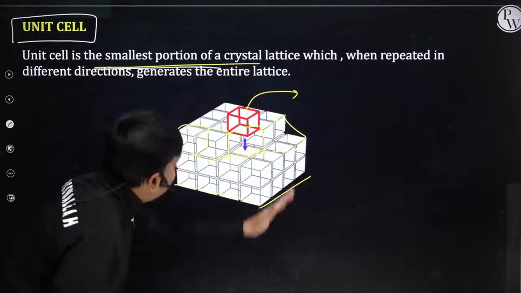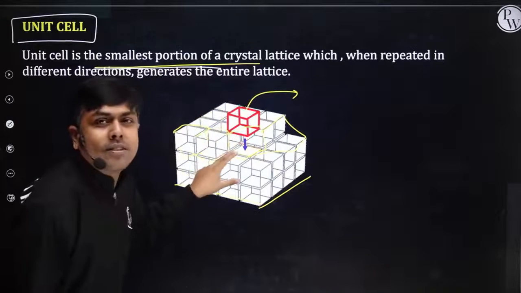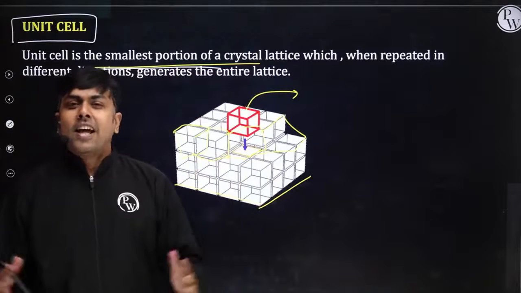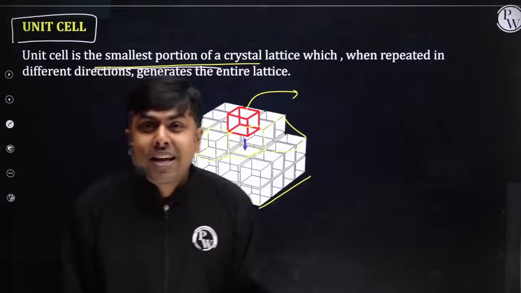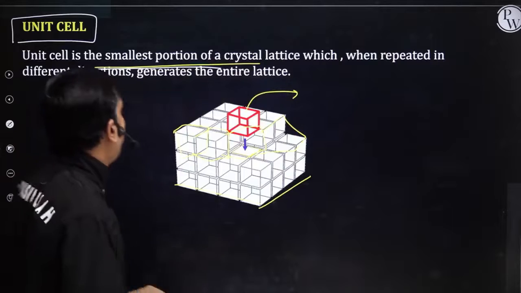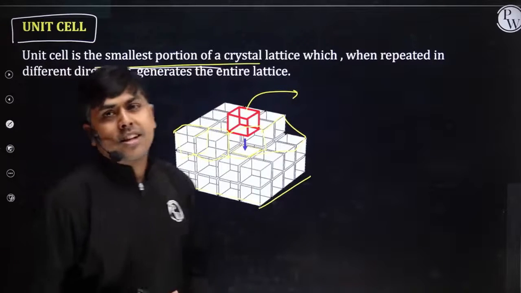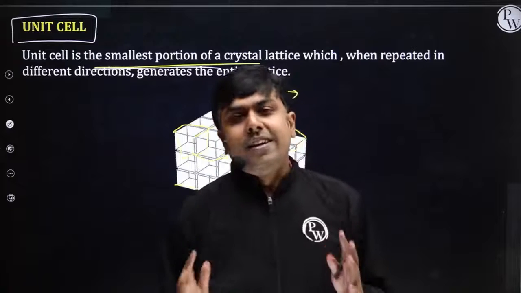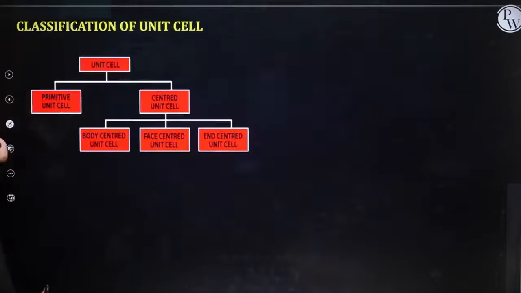The entire lattice is the repetition of these cubical unit cells along three dimensions. So the unit cell is the smallest portion of a crystal lattice, which when repeated in three dimensions generates the entire lattice. Okay, let's move ahead.